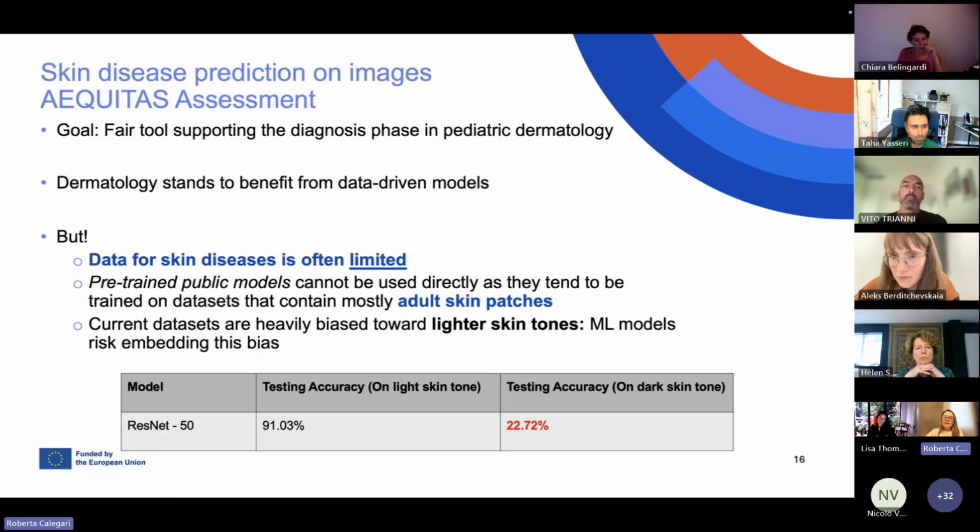If we are completely unaware of all the things I told you so far, and we train an AI system on the pictures that the doctors provided, these are the results: very good accuracy on light skin tone and very bad accuracy on dark skin tone. Why? Because the hospital is in Italy, so we have a majority of Caucasian skin in the data.